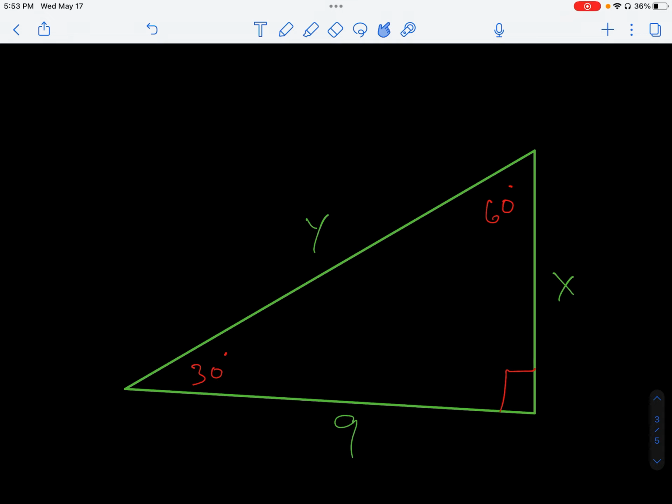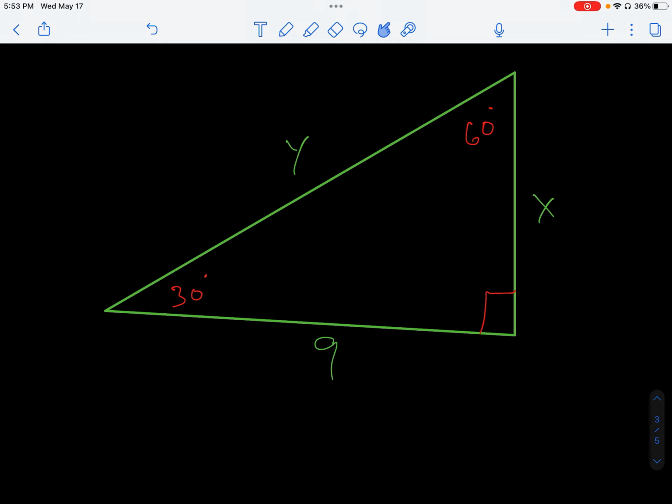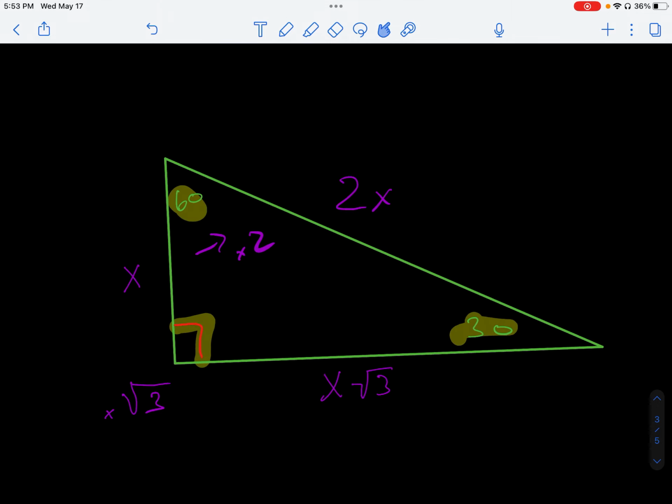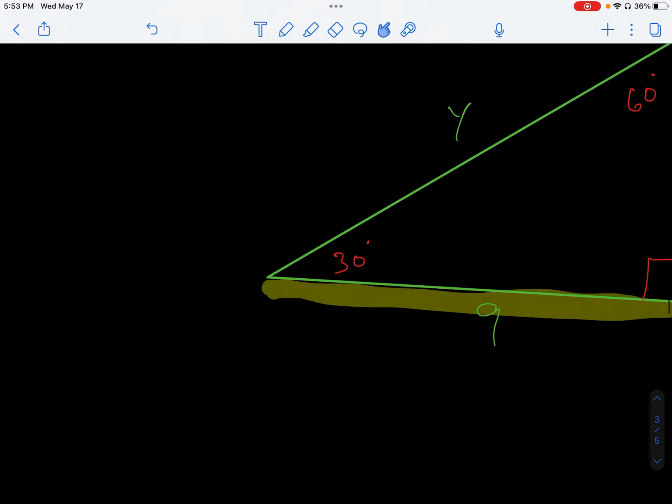Now let's look at some examples. Here we have the long leg is 9, and we want to find the short leg and the hypotenuse. And as we know from above, both the hypotenuse and the long leg are factors of the short leg, so we've got to find the short leg first.